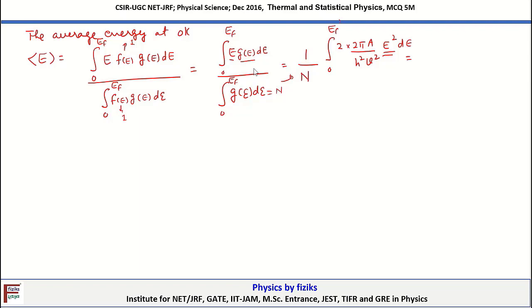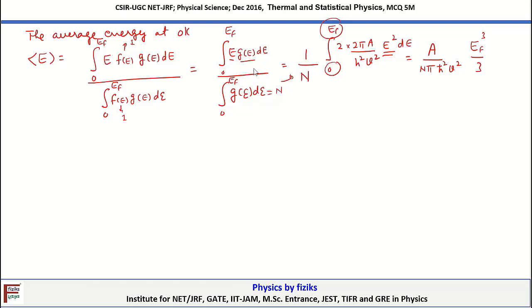When we substitute the limits 0 to EF, it will become EF cube by 3, and the lower limit will contribute 0. After doing all those things, we obtain this is equal to A upon N pi h cut square b square into EF cube by 3.